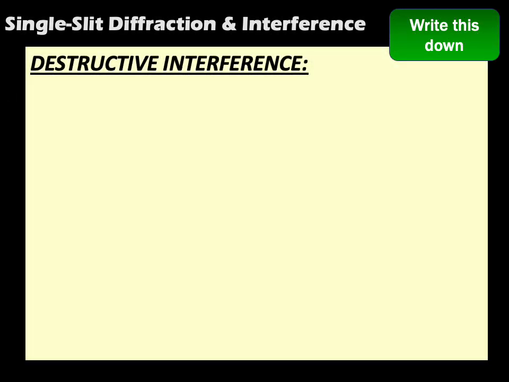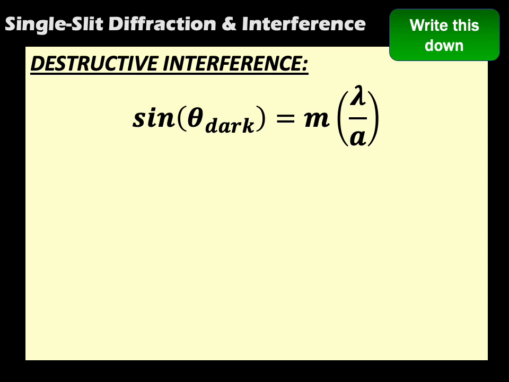So you want to jot this down. This is how we do some calculations with where we see destructive interference when you have a single color of light from a laser pass through a very narrow gap. Right now you're just writing down the equation, and there's a diagram that goes along with it.